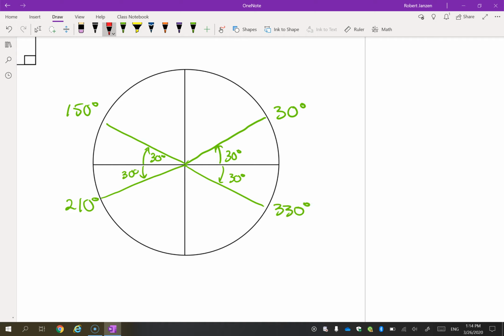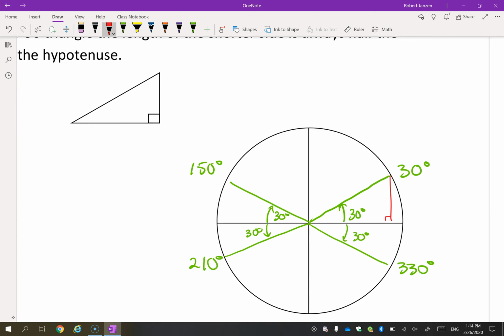Okay, well let's take a look at this triangle. Here it is, 30 degrees. I know this is 1, and I'm trying to figure out the x and the y value. Well, if you use your calculator and take sine of 30, you actually find out that this is a half. Okay, so I'm actually going to give you that value, but now I can show you how to get the x value, because x squared plus a half squared equals 1 squared.